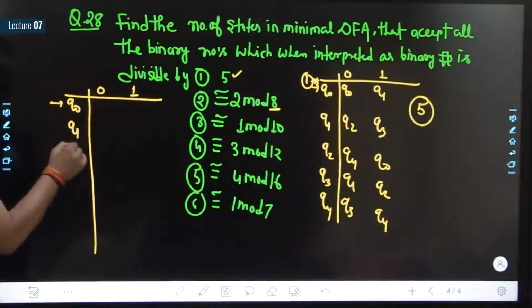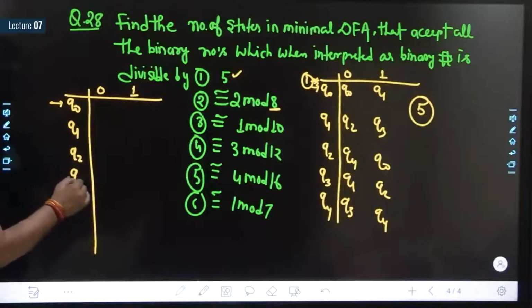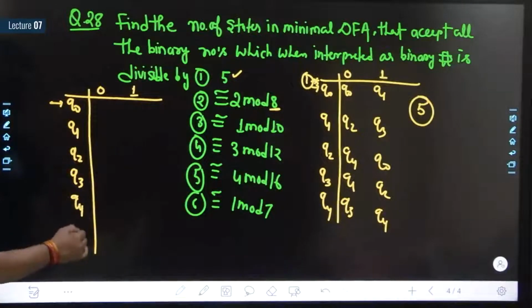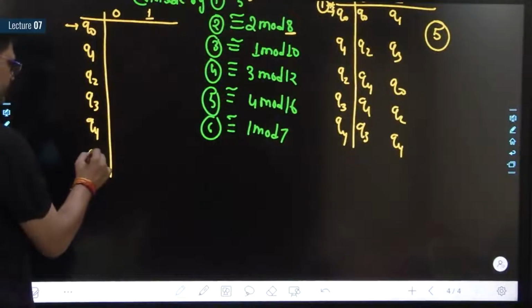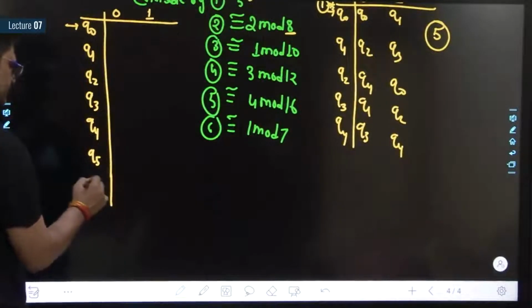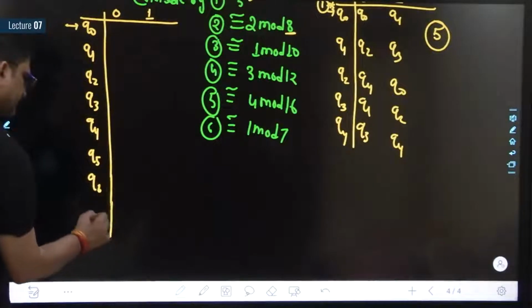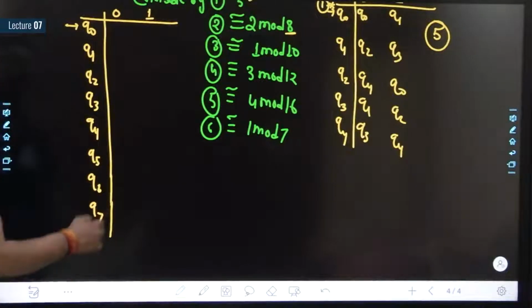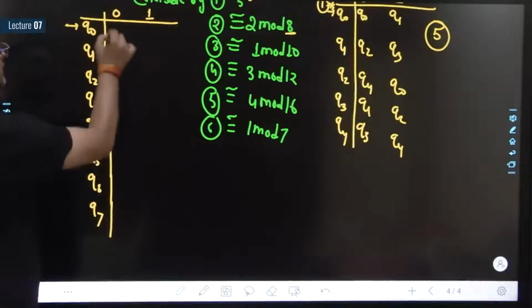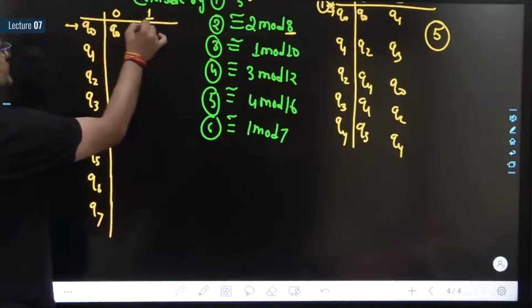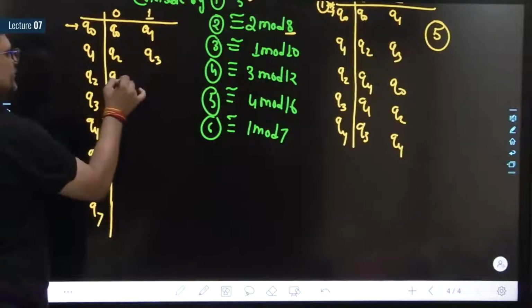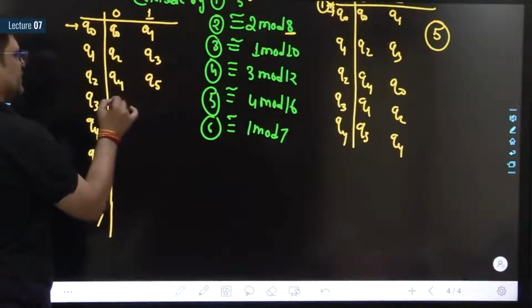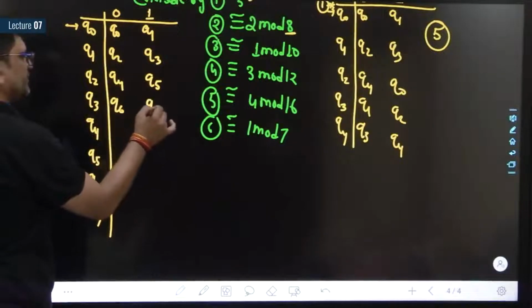Write down the states Q0, Q1, Q2, Q3, Q4, Q5, Q6, Q7.